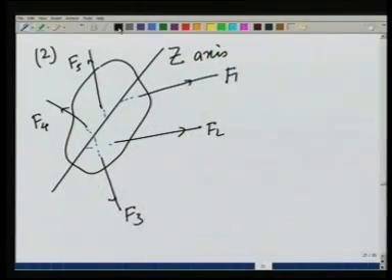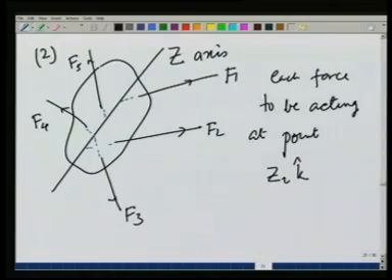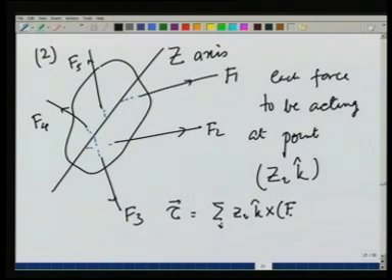In such a case, by the transmissibility of the force vector, I can take each force to be acting at a point, say z_i k, that is at a distance z_i in the z direction, and therefore, the torque by the forces is going to be summation of z_i k cross (f_i x component i plus f_i y component in j direction plus f_i z component in k direction).